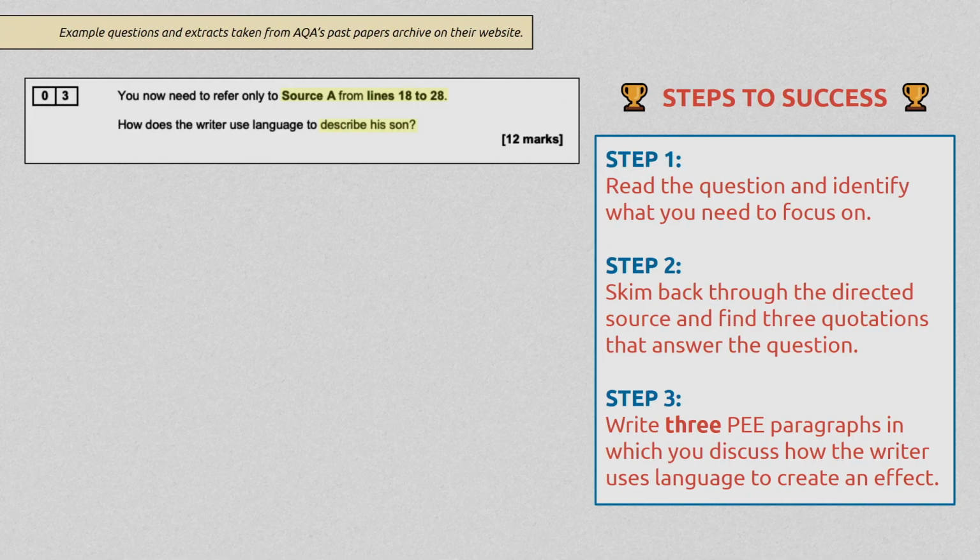Now that can be an emotional effect, it could be an effect in terms of what we learn as readers, anything like that. But it is very important that you don't just say, oh, here's a metaphor and here's an adjective. That's feature spotting, and you might get marks for being accurate, but you'll lose a lot of marks for not actually doing anything with it. It's so important that you actually talk about the effect and what that language actually does.